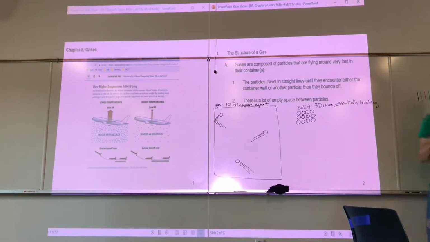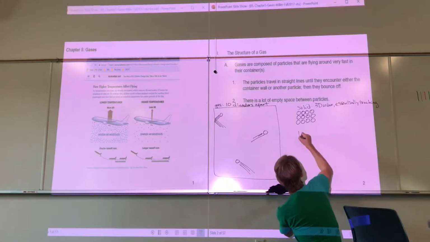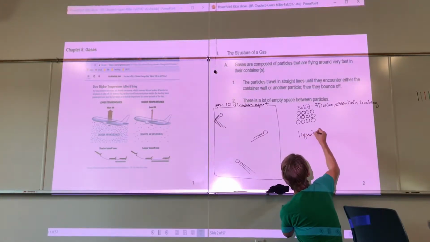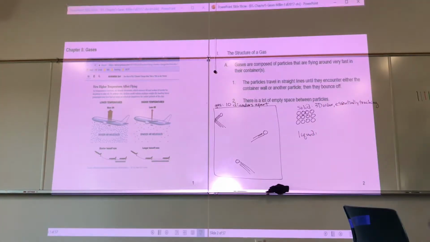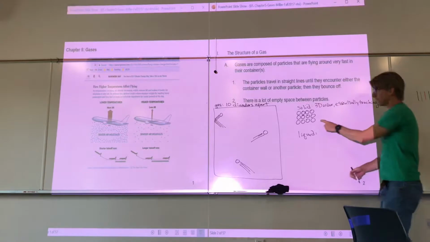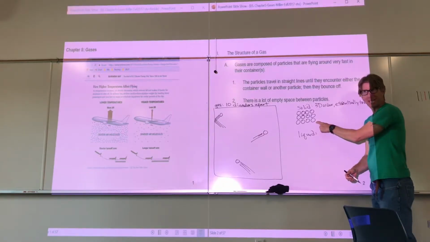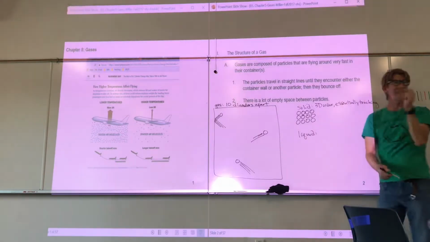And now I'll draw a picture of a liquid. What I like about liquids is they're sort of an intermediate phase. They're always between solids and gases, and in some ways they're like a solid. The way that they're like a solid is the particles are essentially the same distance, maybe a tiny bit farther.